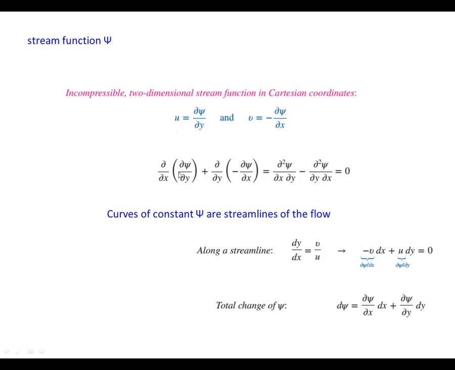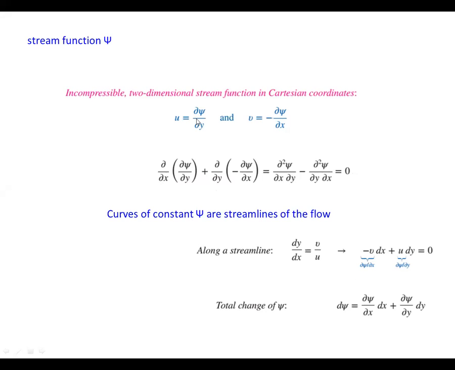Substituting in the continuity equation, you get dou square psi by dou x dou y minus dou square psi by dou y dou x equal to 0. Along the streamline, dy by dx equals v by u, otherwise minus v dx plus u dy equals 0.